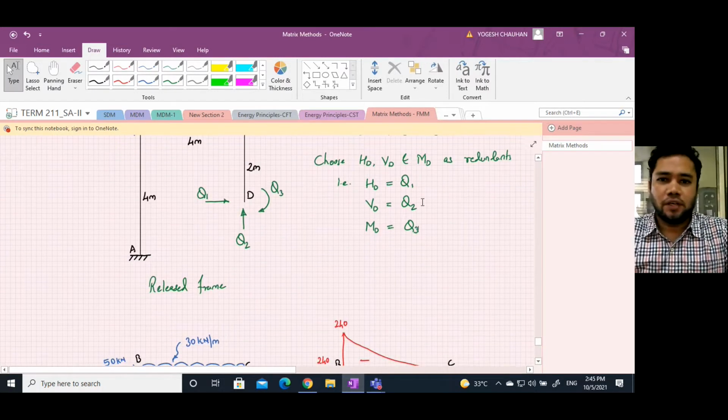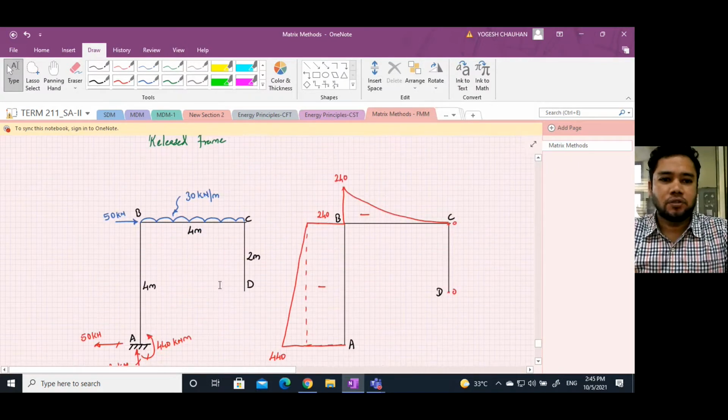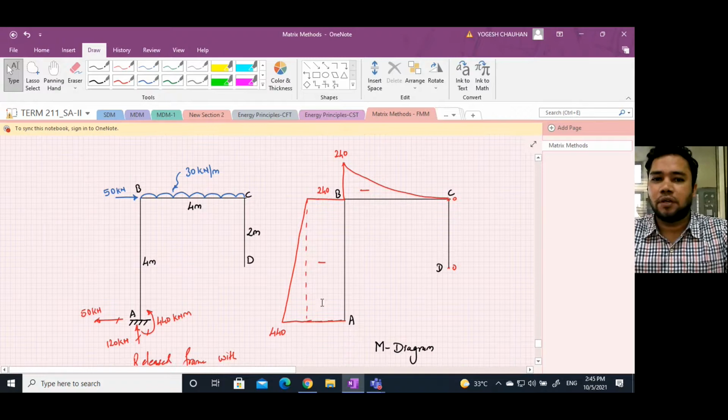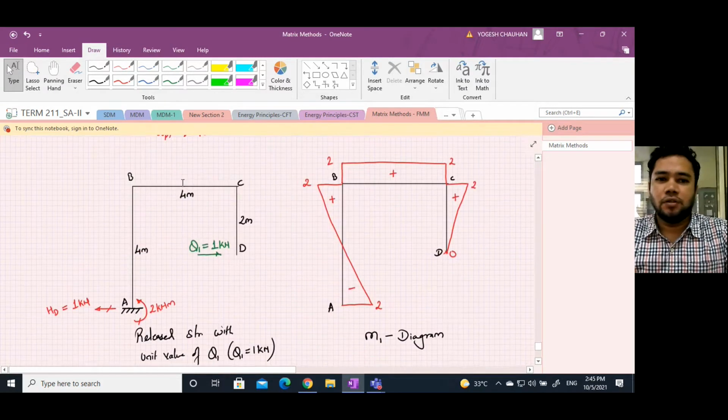Now once the redundants are selected, you release the structure by removing the support reactions corresponding to the redundants. So this is our released structure with the applied load. Whatever load is given to you, you apply that load and release the structure, meaning we have removed the support here, and draw the bending moment diagram for the given applied load. So this is the bending moment diagram corresponding to the applied load. Then we remove the applied load and apply a unit value of Q1.